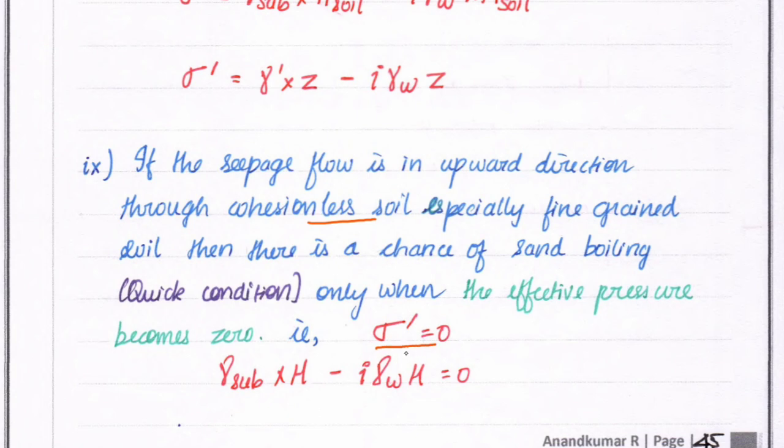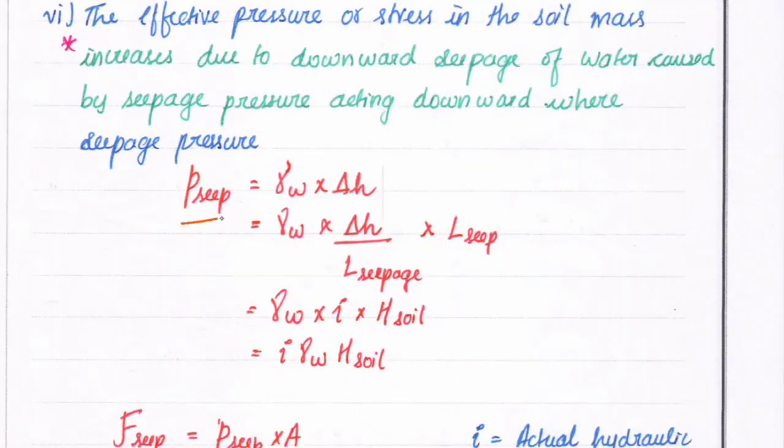Here the effective pressure is 0, so gamma submerged into H minus gamma W into H equals 0. Now the pressure at the seepage equals gamma W into del H, that is the change in height. So now gamma W into del H divided by the length of the seepage, which we can take as gamma W into i into the height of the soil.